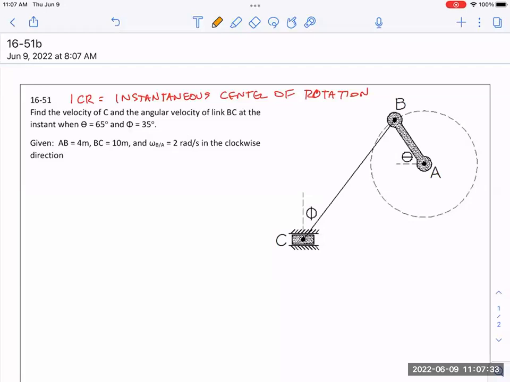And we were told in this problem that the angular velocity was 2 radians a second. So we said this thing was going this way. Therefore, the velocity of B, we said yesterday, is going this direction.